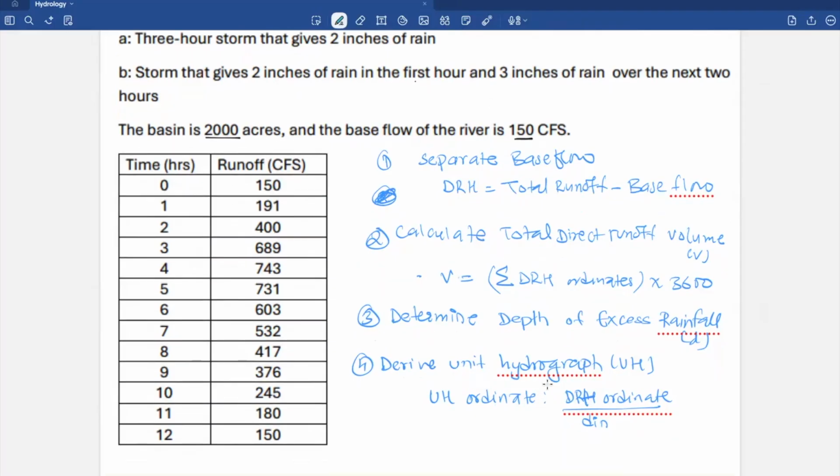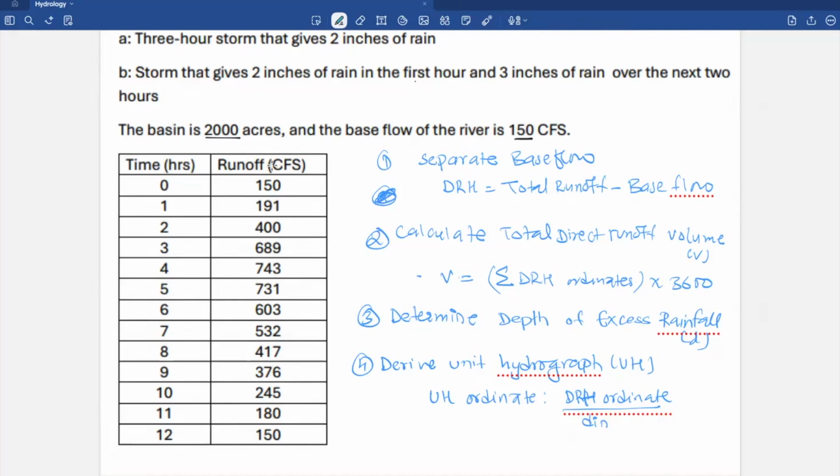The second step is computing the total direct runoff. We need the total volume of direct runoff. We sum the direct runoff hydrograph ordinates and multiply by the time step in seconds. So V will be equal to DRH ordinate times 3600.